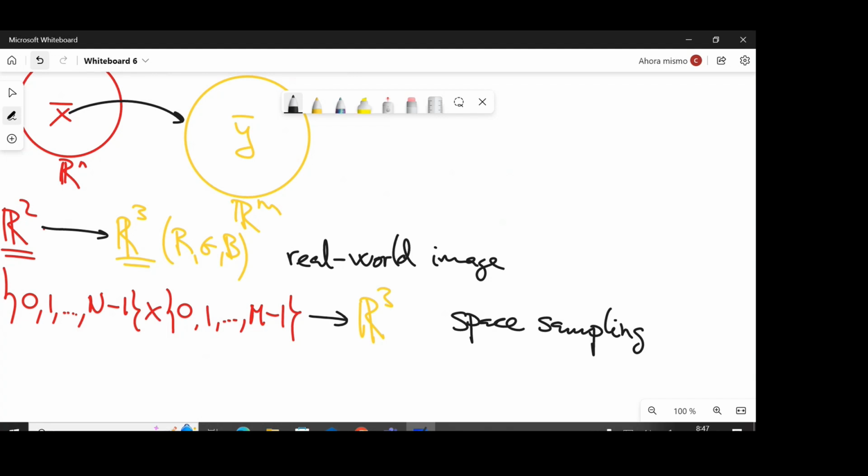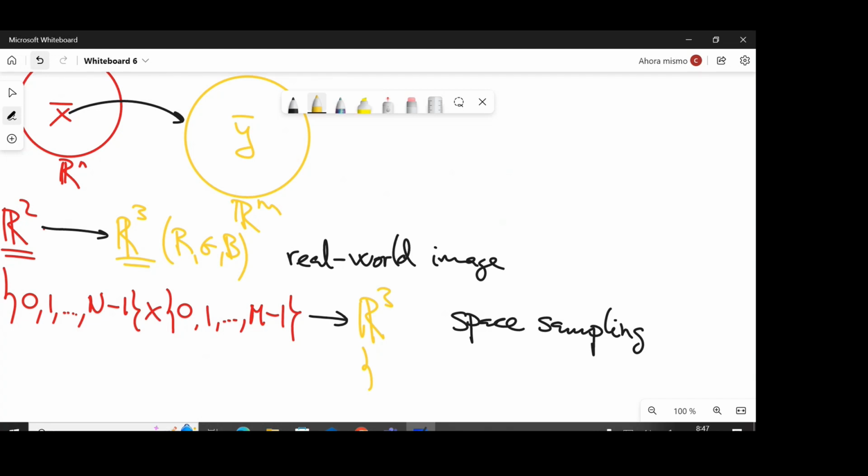But now we have to discretize colors again, because we know that with the computer we cannot represent infinitely many colors. So we don't allow any possible color, but we only allow colors that are in the range we use.